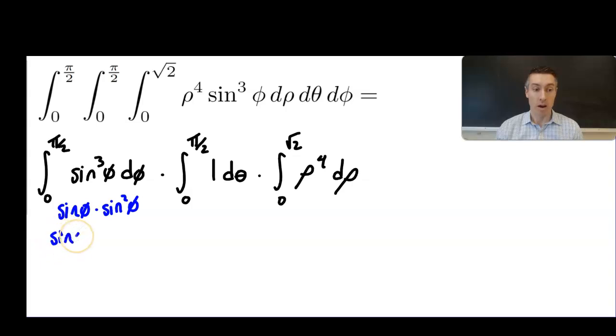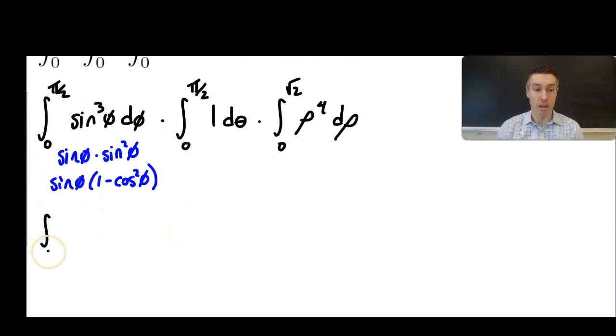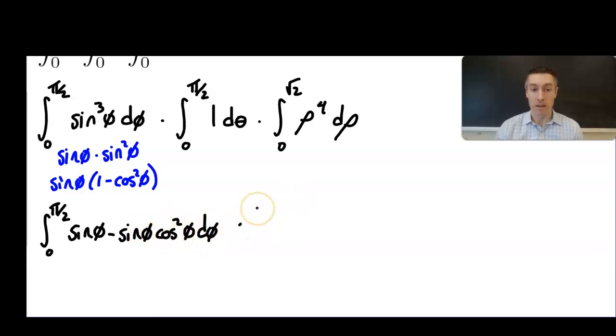Replace the sine squared with Pythagorean identity 1 minus cos squared phi. And then we distribute everything back out. So we have the integral from 0 to pi over 2 of sine phi minus sine phi cos squared phi d phi times the integral from 0 to pi over 2 d theta times the integral from 0 to the square root of 2 rho to the 4th d rho.